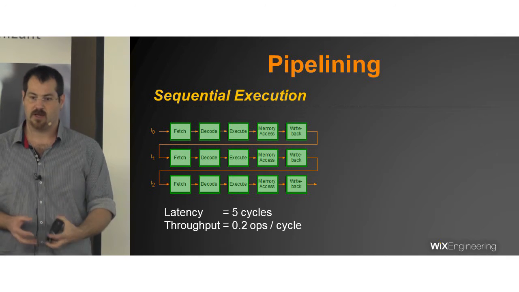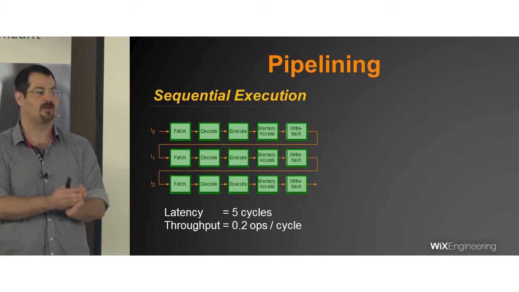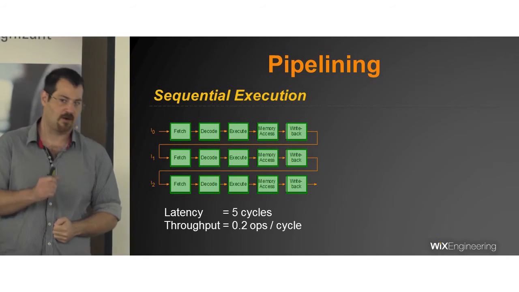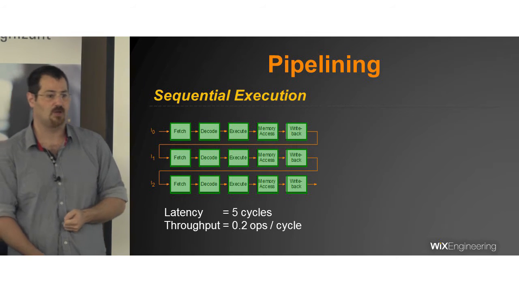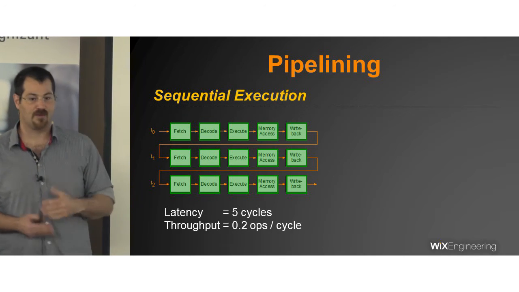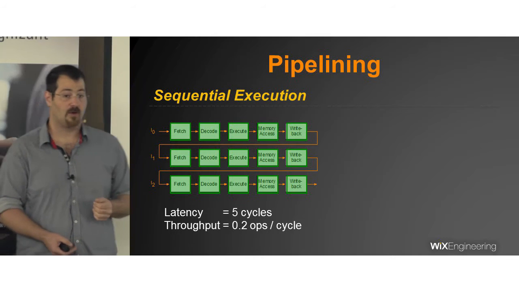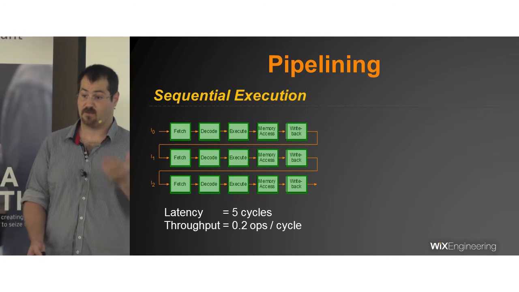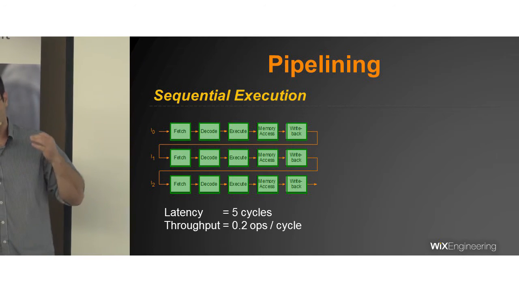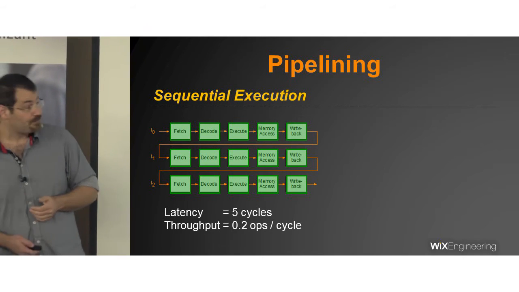A CPU cycle is the atomic unit of time in which the CPU actually does something. So it fetches, it decodes, it does execution, it does memory access. All of that, for this simplified view, is 5 cycles. Your throughput, though, is crap, because it basically means for every 5 cycles, you get to execute 1 instruction. You get to actually do 1 unit of work, right?